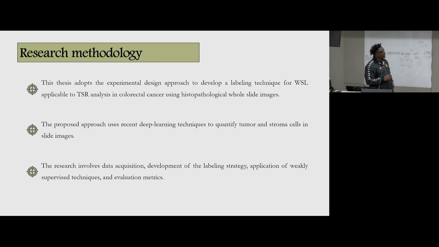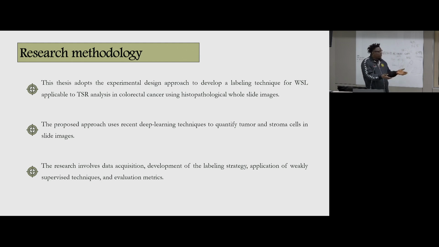I solve it by using two things in a simple way. The first thing is that I have to develop a fully supervised method that I will use to detect that label that I don't know, that I'm questioning. I will use this fully supervised method to detect the label. And if I succeed in getting the label, I will go to a weakly supervised technique like MIL and test it.